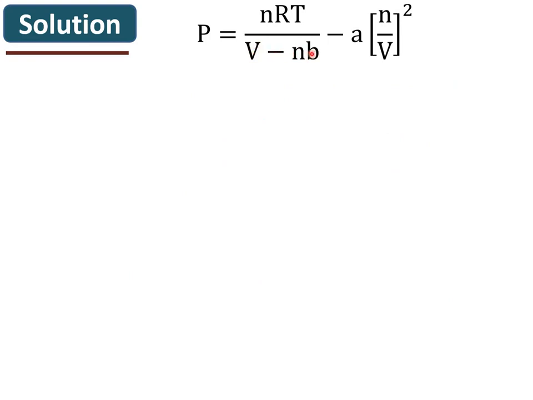If the volume is lowered, then the pressure will be increased, right? So the volume correction in the van der Waals equation is supposed to increase the pressure. Do not forget this, because we will play in this area. The volume correction is supposed to increase the pressure.